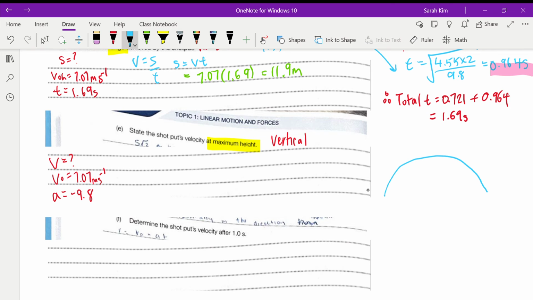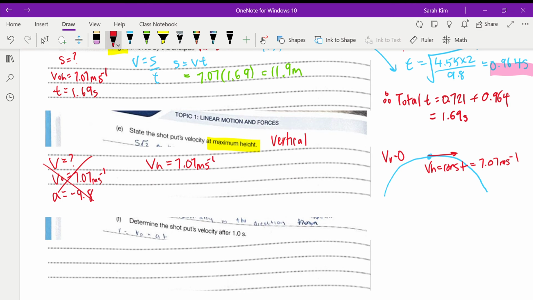Because at that maximum height, my V vertical should be 0, but my V horizontal should always be constant at 7.07 meters per second. So that's actually just my answer. You can do the calculation and it will still give you the right answer, but it's a bit pointless because you already know it.